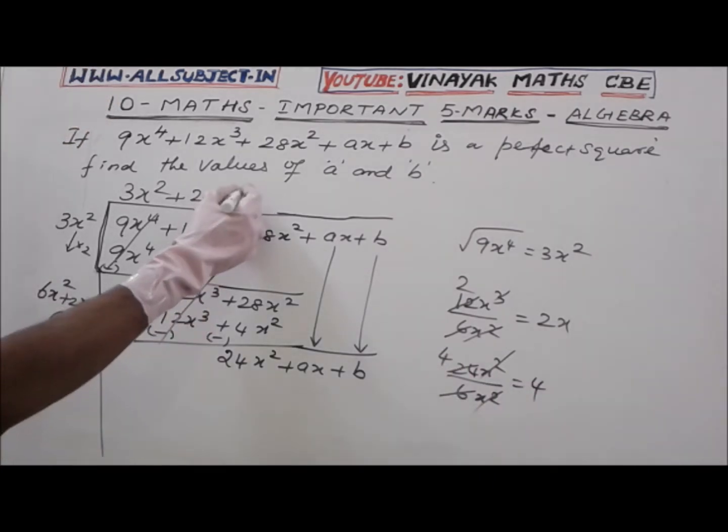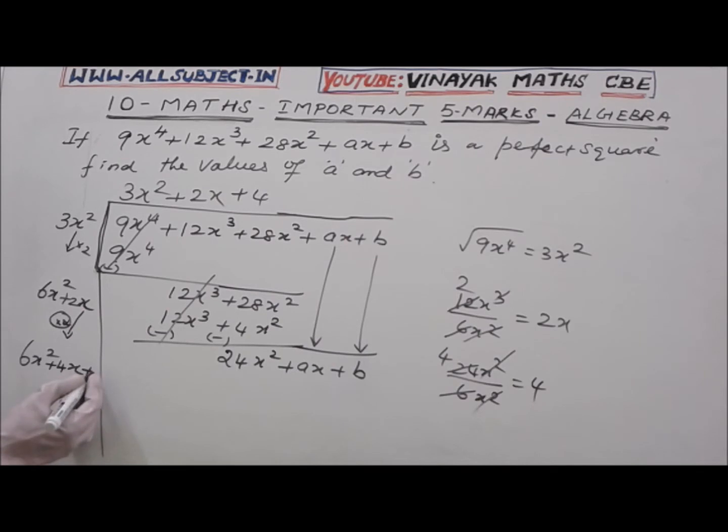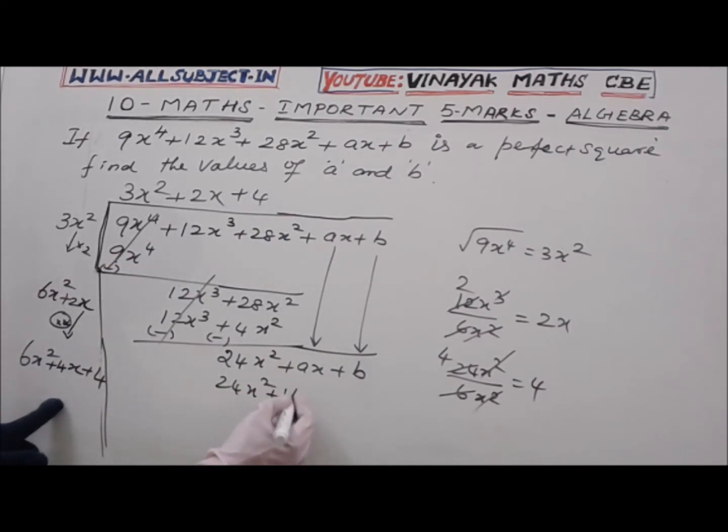So adding 4 here and here. Now multiply it by 4. We'll get 4 into 6x square, 24x square, and 4 into 4x, 16x, and 4 into 4, 16.